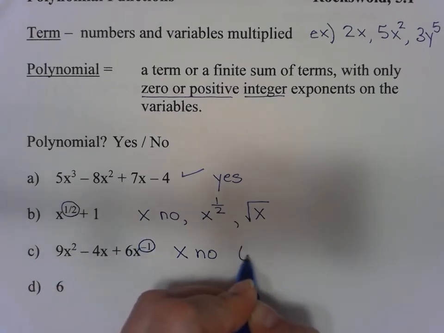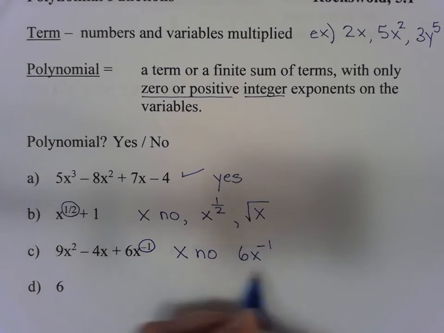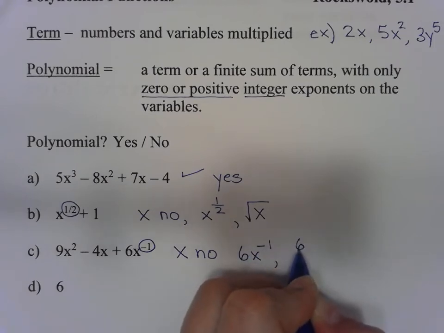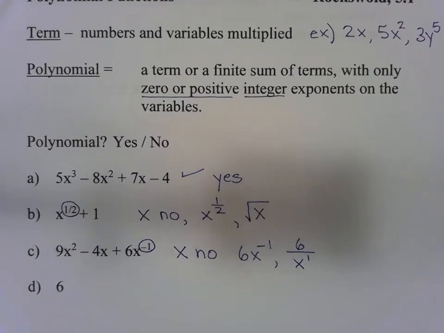So the 6x to the -1 is a problem. This would be the same as 6 over x. So we also cannot have fractions with variables in the bottom of the fraction. We can have fractions of numbers with variables either in the top or out to the side, but we can't have variables in the bottom. That is not considered a polynomial.